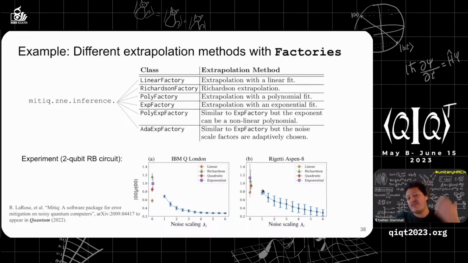And in this case, as in the previous case, we knew that for this benchmark, which is a 2-qubit randomized benchmarking circuit, the ideal value is 1 in case of zero noise. And so we're able then to estimate how different models perform on different hardware.